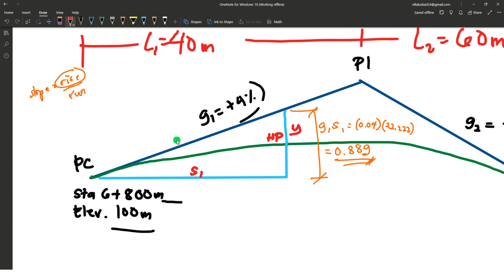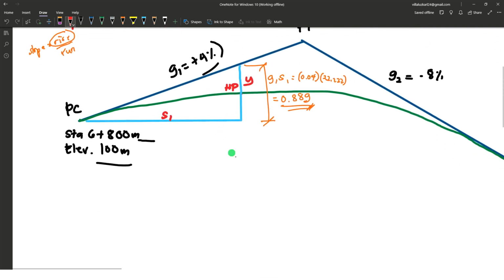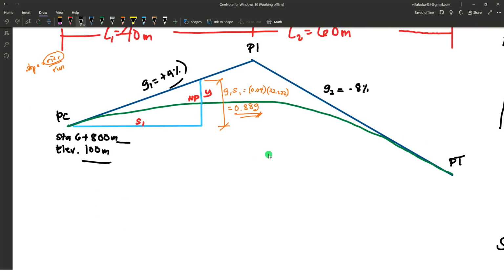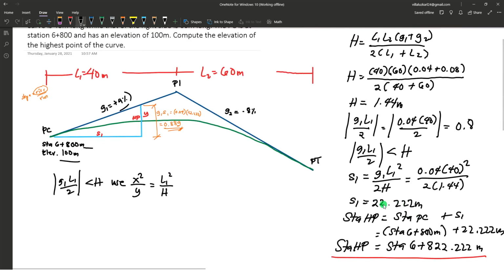So this distance y here, when we compute y, we will use the squared property of parabola. So according to the formula, if the g1 L1 over 2 is less than h, okay, we will use x squared over y equals to L1 squared over h. So comparing again, g1 L1 over 2 is less than h.